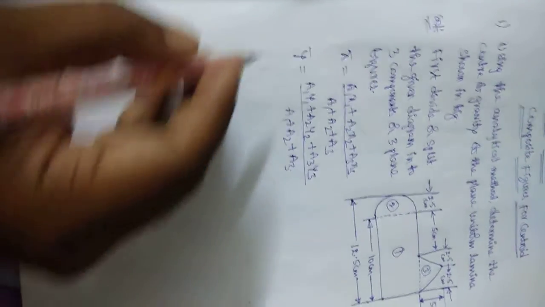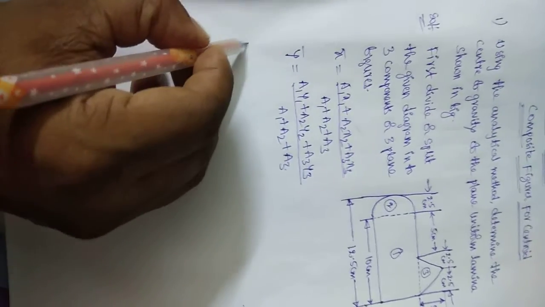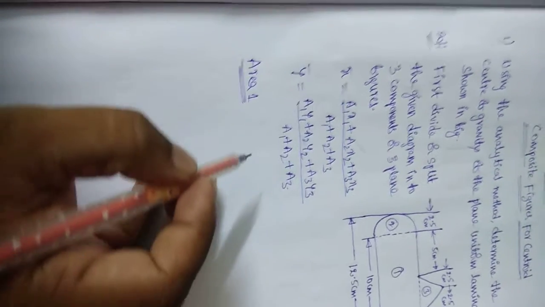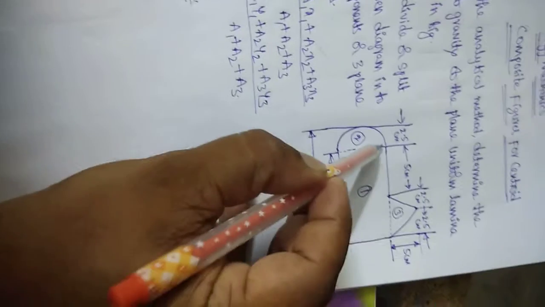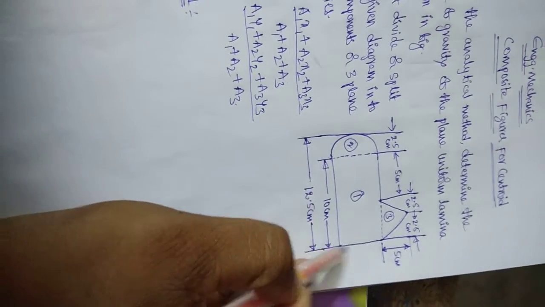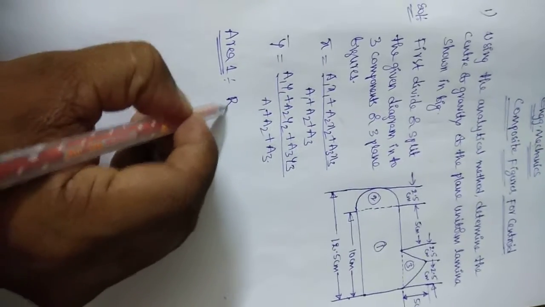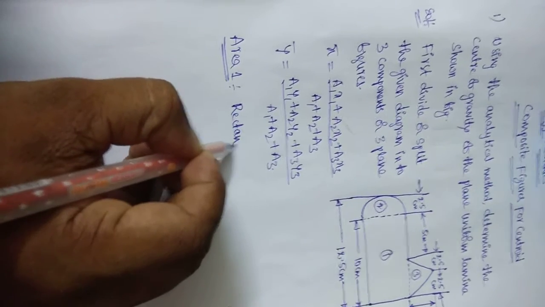First, let us take area 1. What is the area 1 which we are taking from the diagram? We are taking the rectangle.